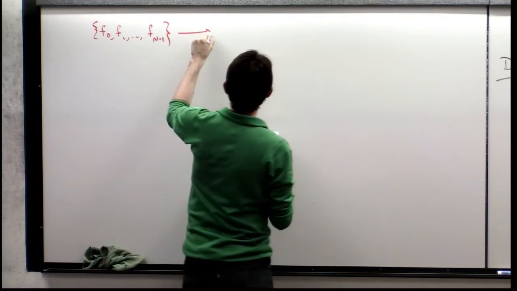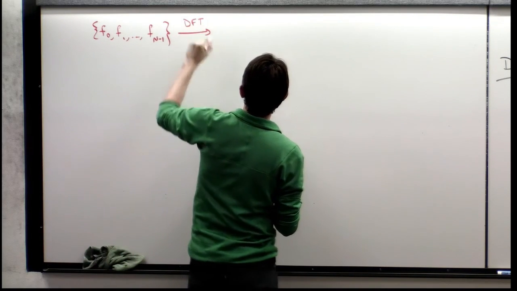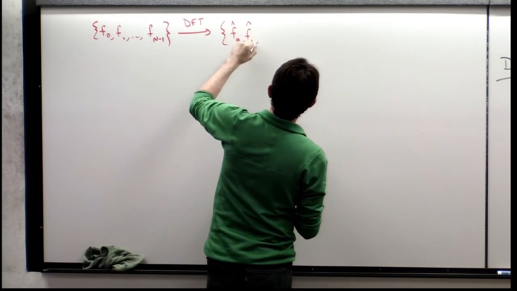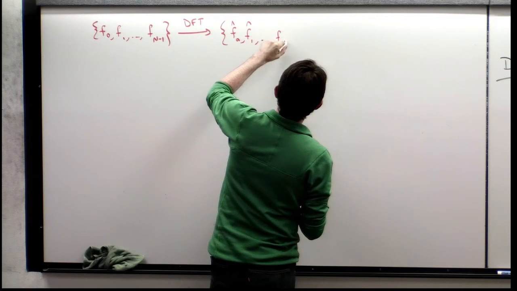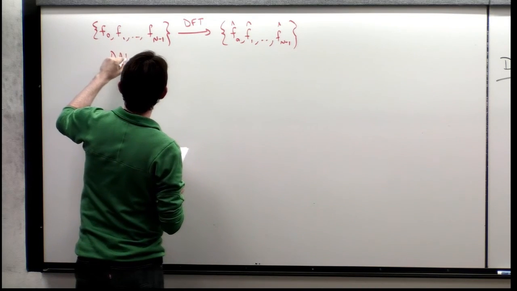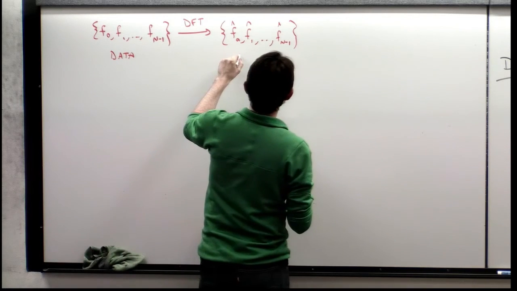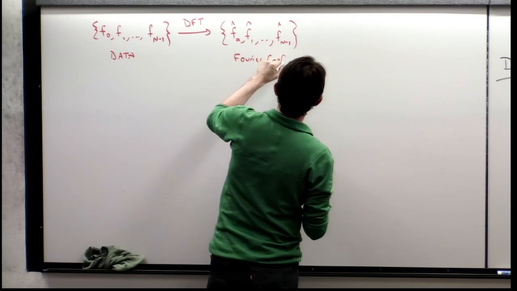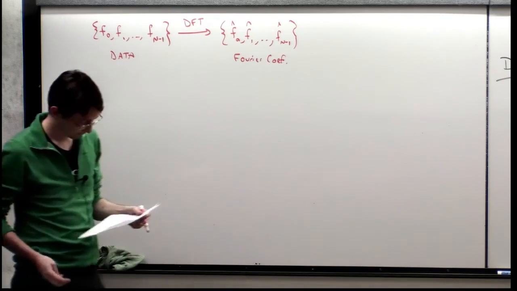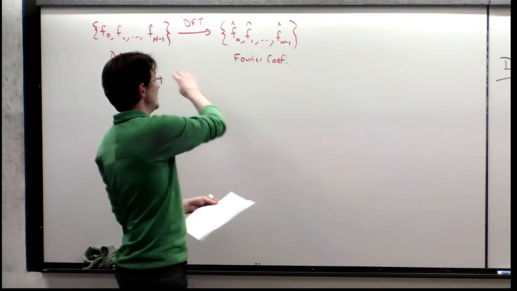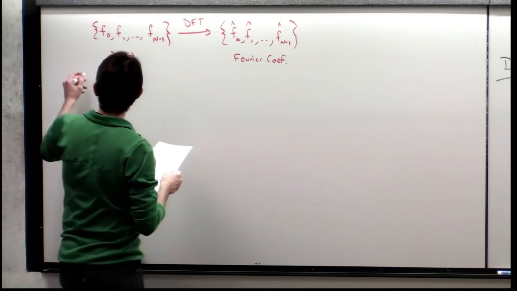I'm just rewriting what we had on the other board so we have it fresh in our mind. And we're going to get f0 hat, f1 hat, dot, dot, dot, fn minus 1 hat. So this is my data, and these are my Fourier coefficients. The discrete Fourier transform takes me from data to Fourier coefficients.